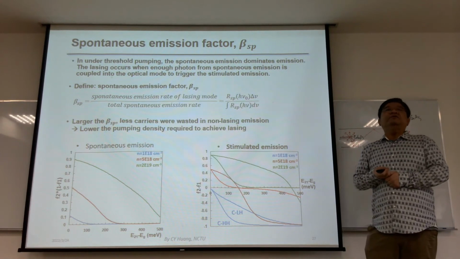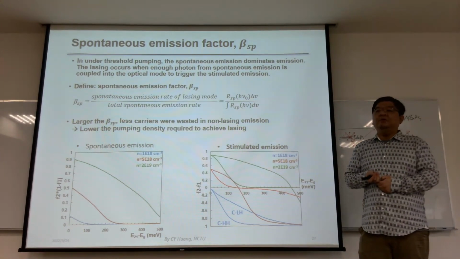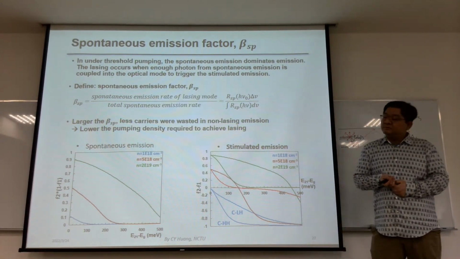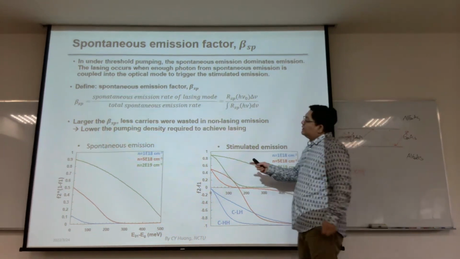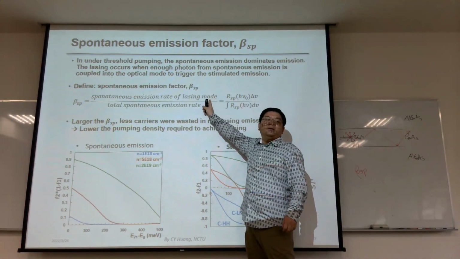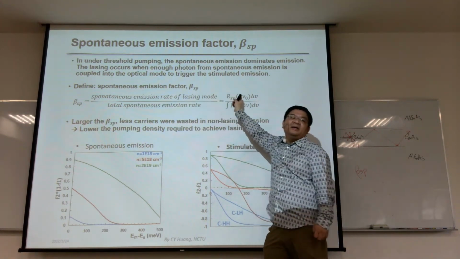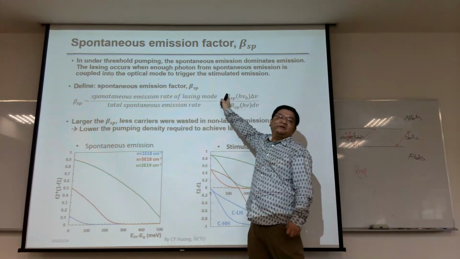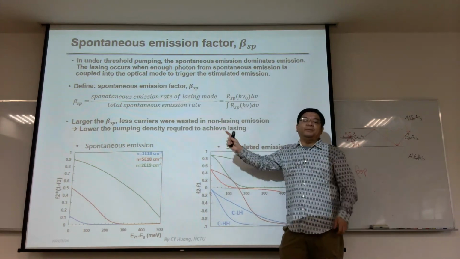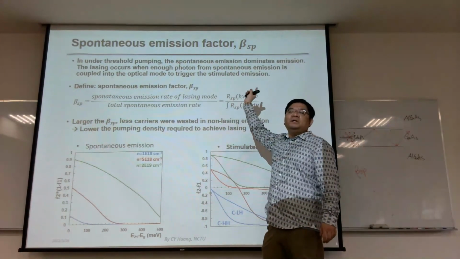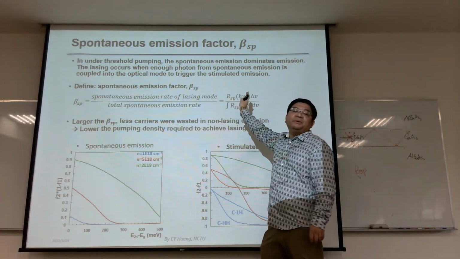So you have so many allowed optical modes inside. But only a few will achieve lasing. I will show you why in the second part: there are so many optical modes, but eventually only one or two will really be your lasing mode.